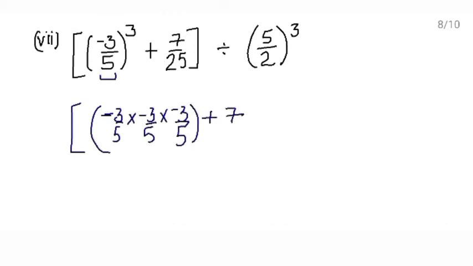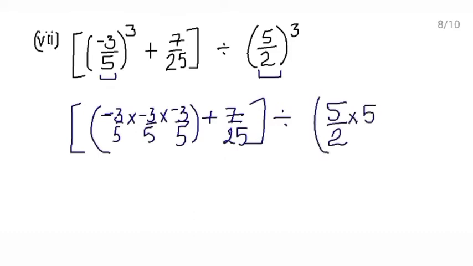Plus 7 upon 25. Bracket close. Division. Solve this also, because this is also the bracket. Raised to the power 3 means 5 upon 2 will be multiplied by itself 3 times.